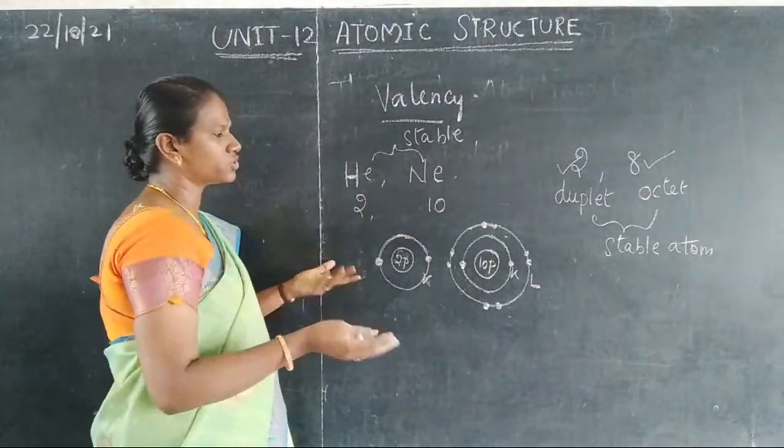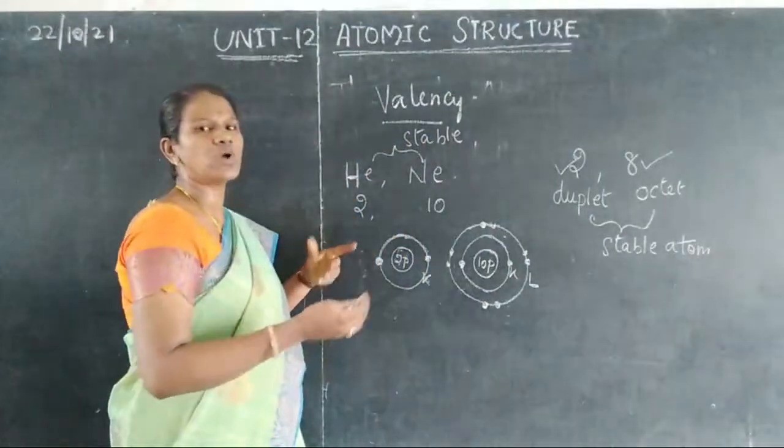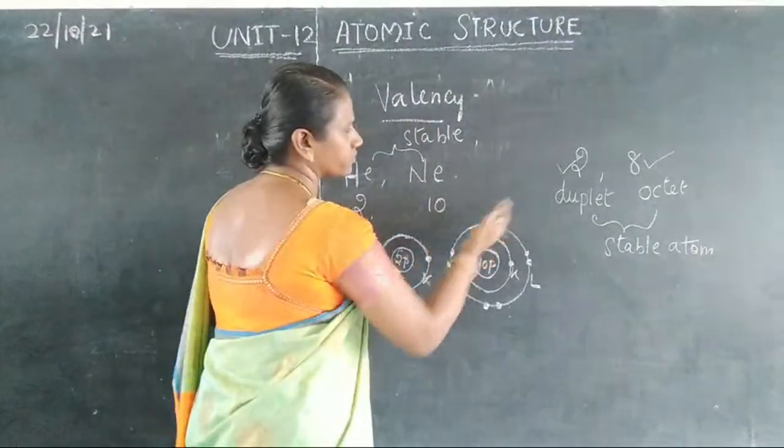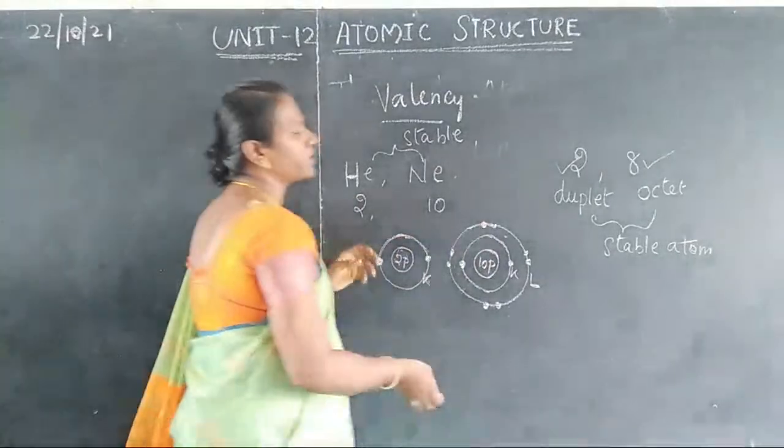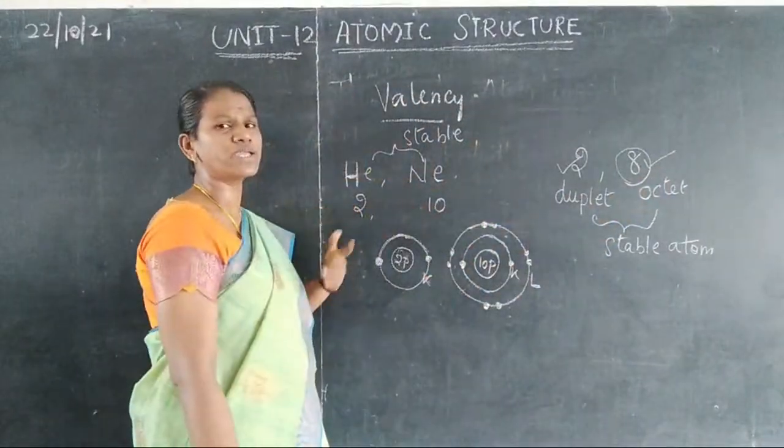The atoms which do not contain 8 electrons in their outermost shell are trying to attain the octet.